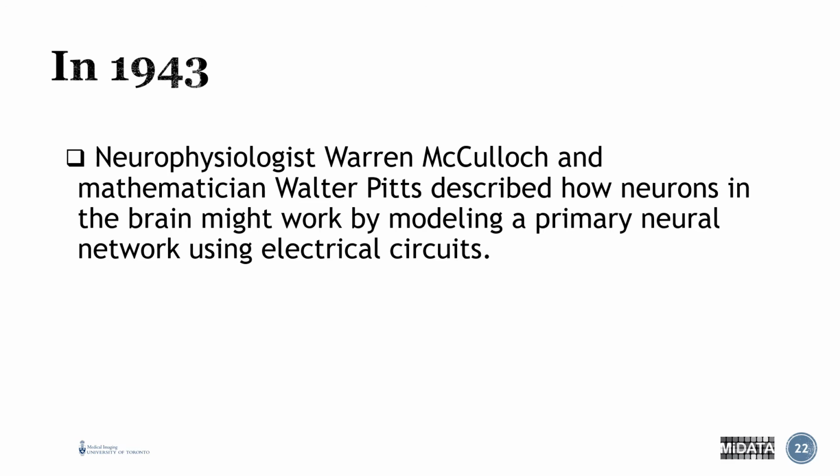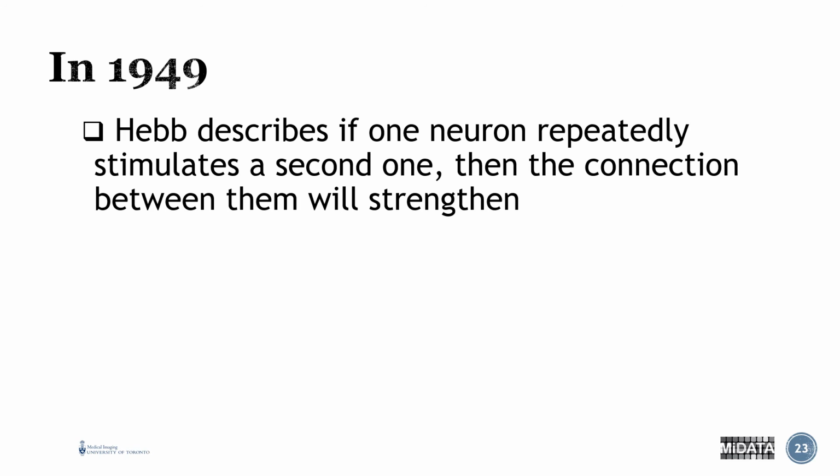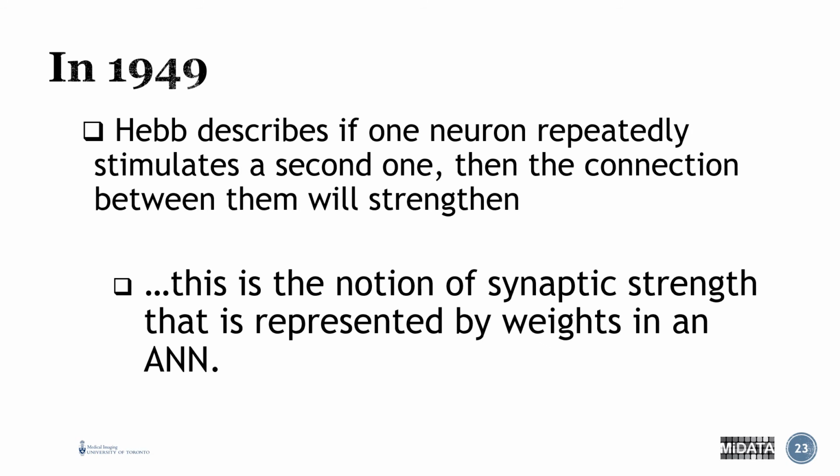In 1943, neurophysiologist Warren McCulloch and mathematician Walter Pitts described how neurons in the brain might work by modeling a primitive neural network using electrical circuits. And in 1949, Hebb described that if one neuron repeatedly stimulates a second one, then the connection between them will strengthen. This is the notion of synaptic strength that is represented by weights in an artificial neural network.